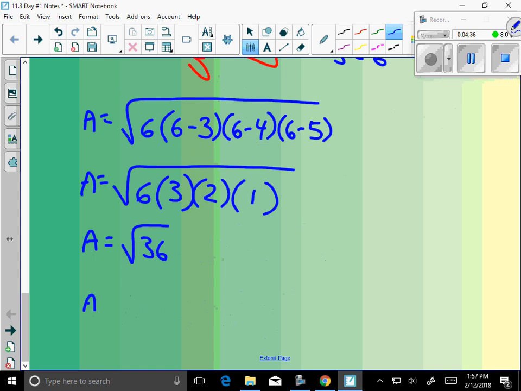Bam. The area is 6 units. I guess I could go generic and just go units, but it works. It's cool. This is useful.